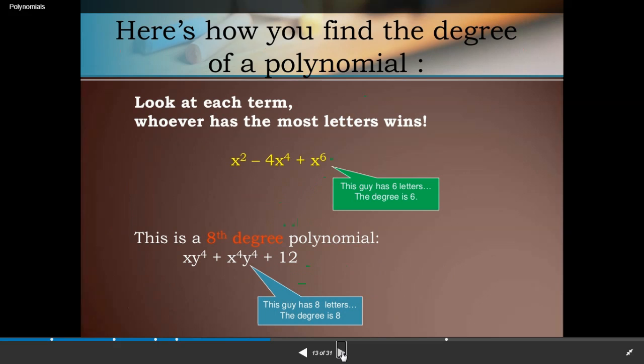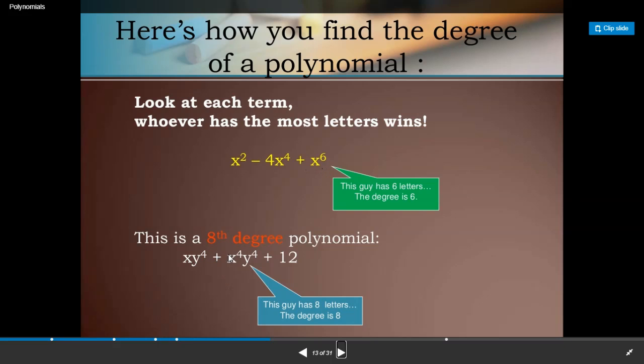So how do we find the degree of a polynomial? For example, whoever has the most letters wins. Suppose here x square, and the power of x is 4 here and the power of x is 6. So the degree of the polynomial is 6.